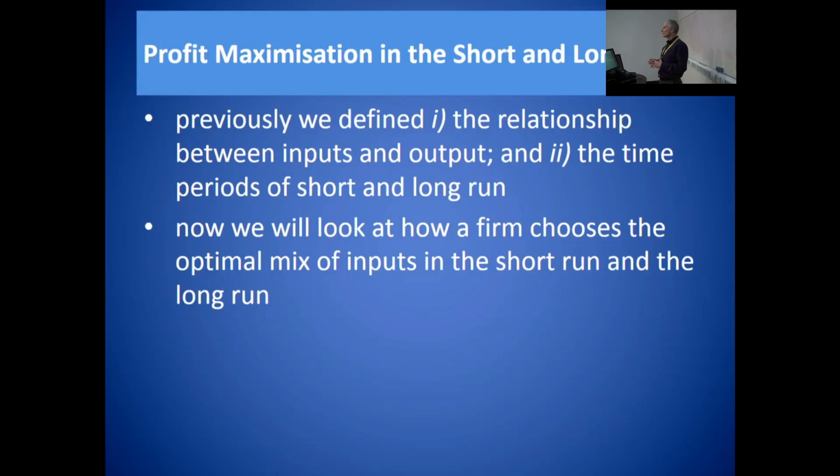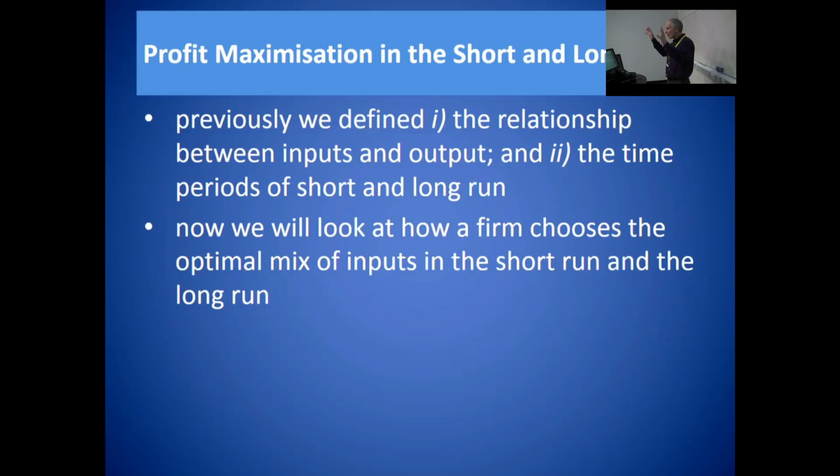Now, what you're going to learn from today is this: we've said how a firm combines inputs to produce output in the short run and the long run. What we're going to look at for today's lecture is how a firm chooses the optimal mix of inputs to produce its output in both the short run and the long run.